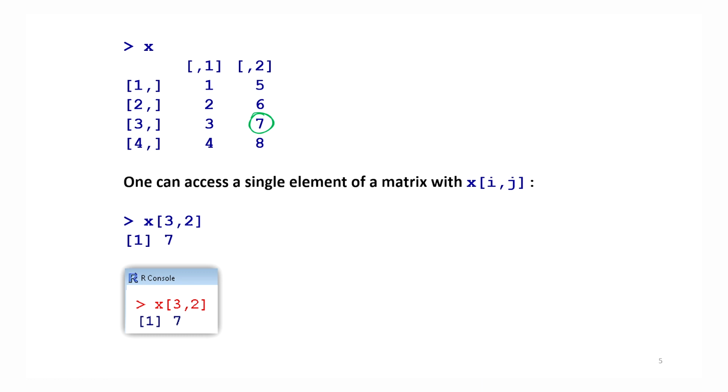This number 7 is lying on the third row and in the second column. So what you have to write is the name of the matrix X, and using the square brackets, 3 comma 2. If you write X inside the square brackets 3 comma 2, you will get the value 7.